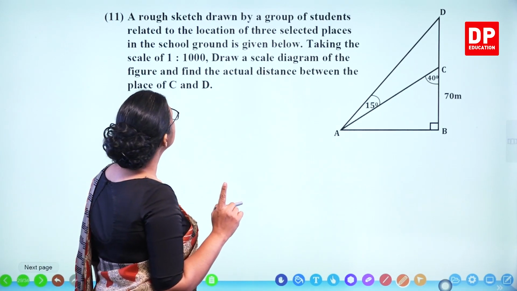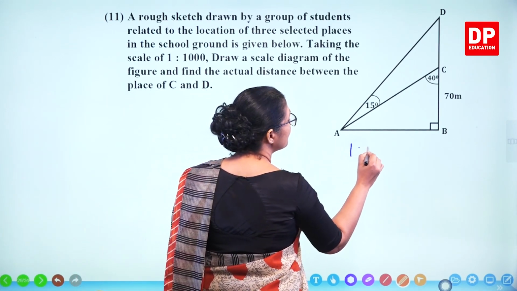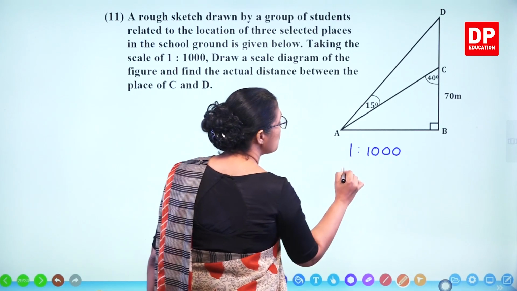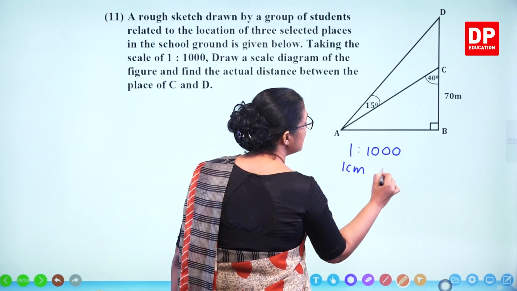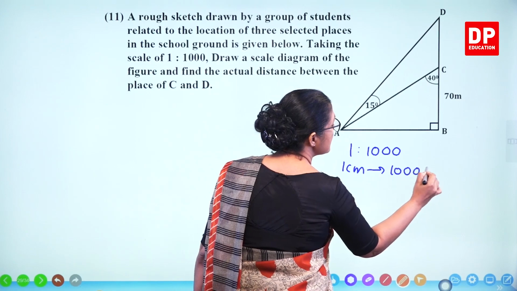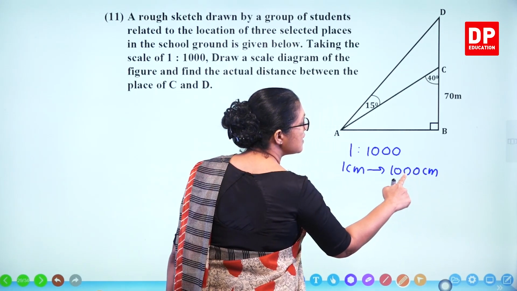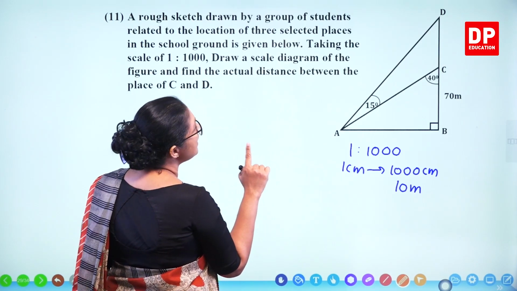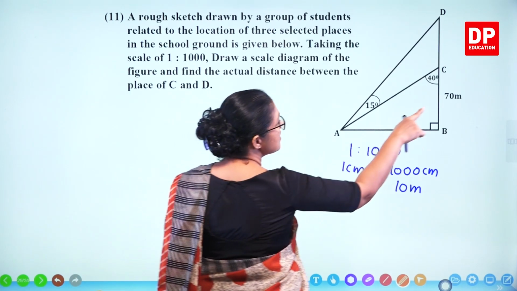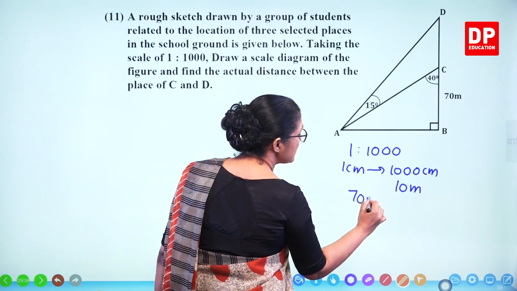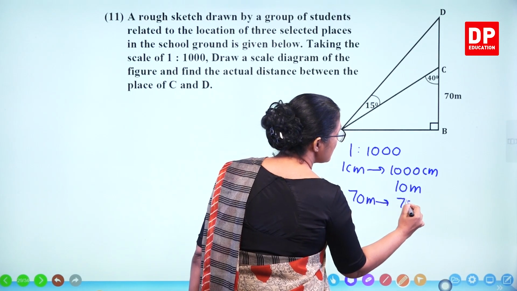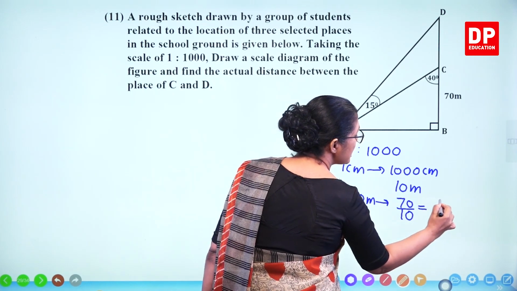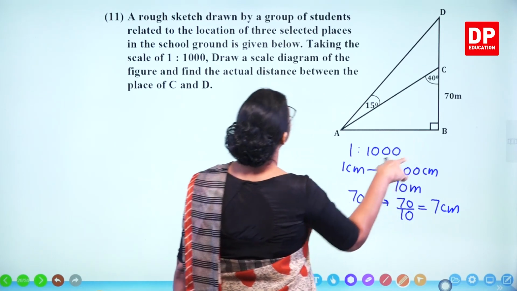So what's the scale? 1 to 1000. 1 to 1000 means 1 centimeter is 1000 centimeters, convert to meters, divide by 100. So 10 meters. So for 70 meters, 70 divided by 10, a 7 centimeter length we need to take.